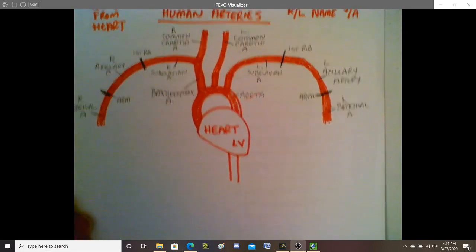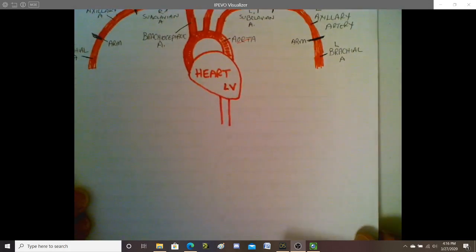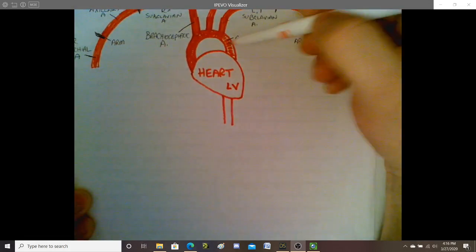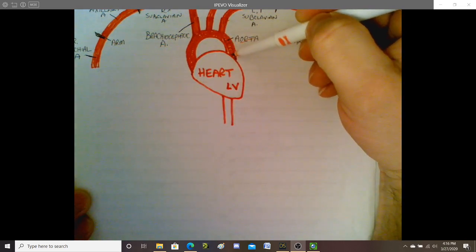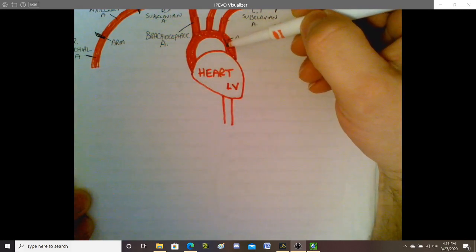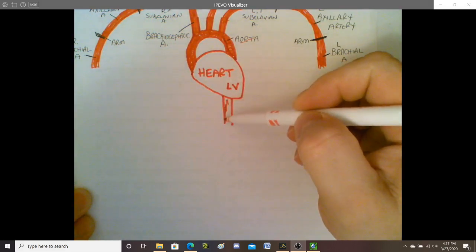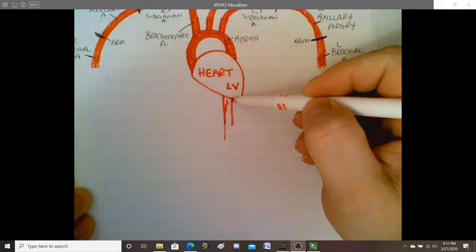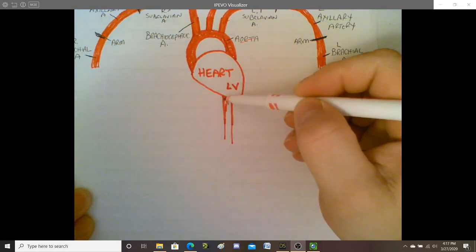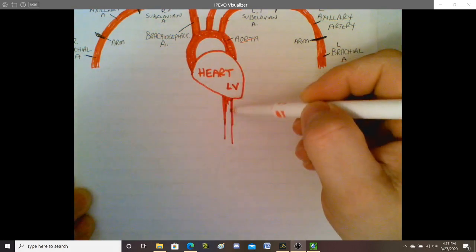Okay, so I'm going to move this up a little bit, and we've got our heart. All right, so I've got my heart here, and I've got this aorta. And the aorta is arching, and then going behind the heart and making its way down through the body cavity.